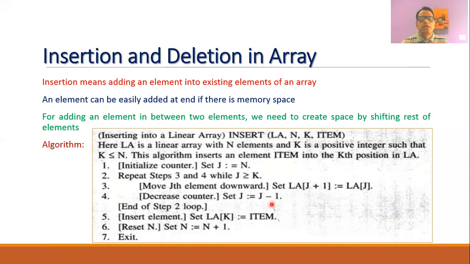And then we will decrease the counter, J = J - 1. And then we will set LA[K] equal to our new value, the item that we want to add into the array. And then we will set N = N + 1, because since one element is added into the array, the number of elements of the array is increased.